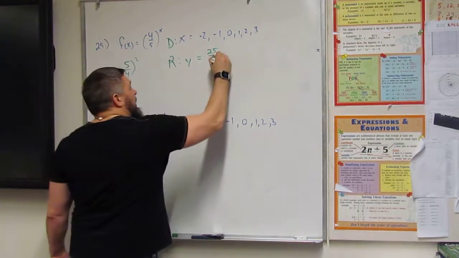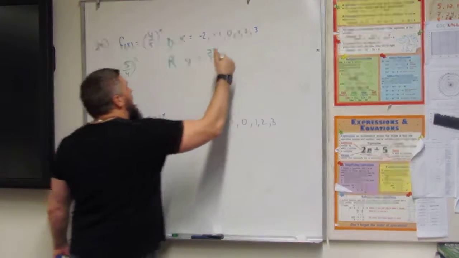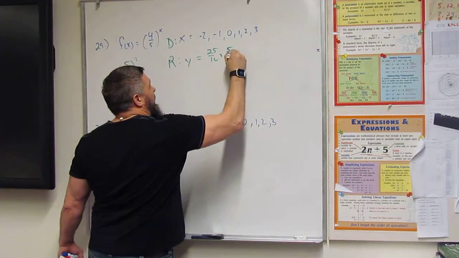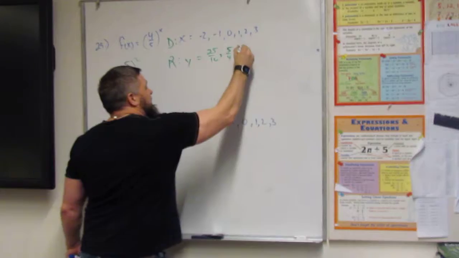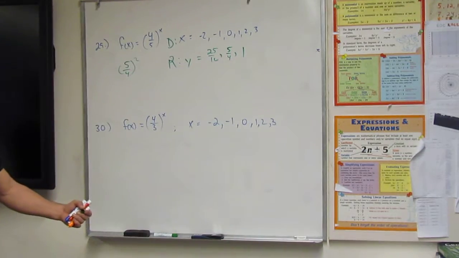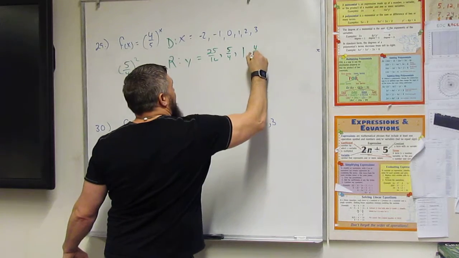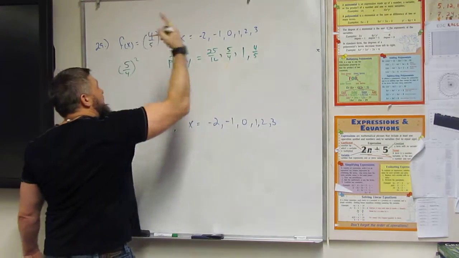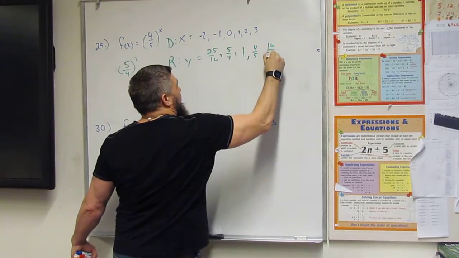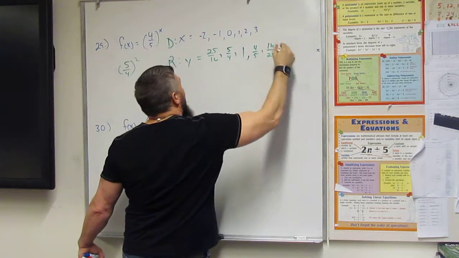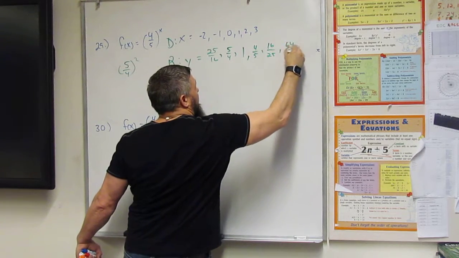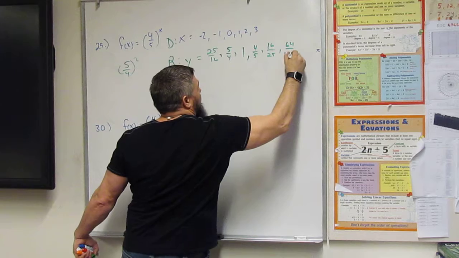Okay? Then I've got -1, that just means it's flipped, 5 over 4. 0 just means it's 1, right? Anything raised to 0 power. That's simple. 1, oh, that's just 4/5, right? 2, that means it's just 16 25ths, right? And 3, which means it's just 64 125.